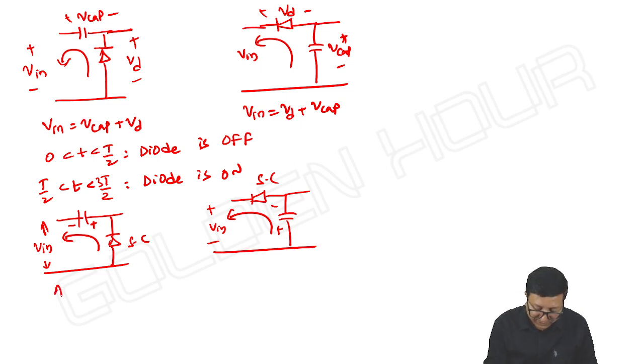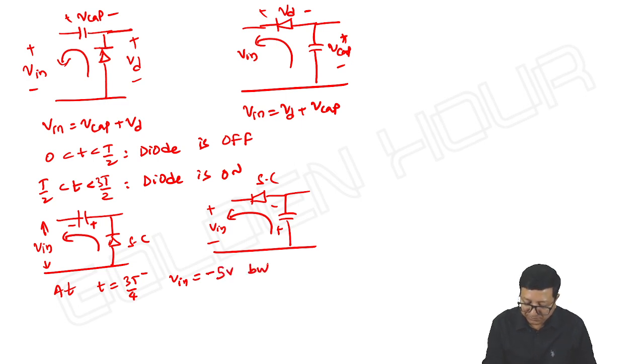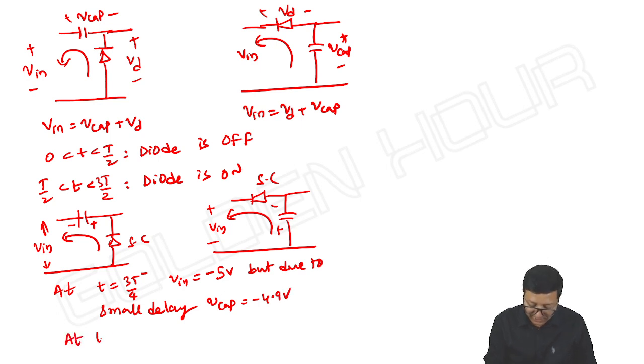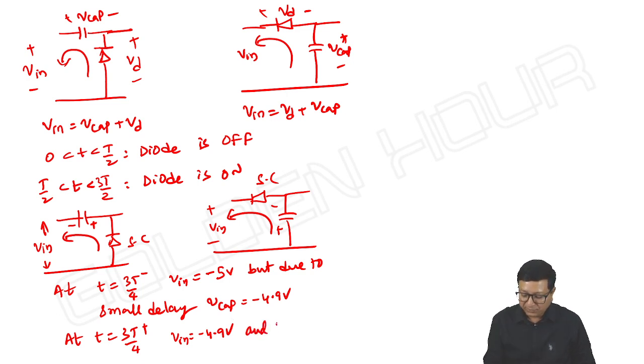Now at t is equal to 3T by 4 minus, V input is reaching its negative peak, but due to small delay V capacitor is slightly greater than minus 5, and at t is equal to 3T by 4 plus, V input is just going above its peak amplitude, and V capacitor falls completely up to the negative peak of input.